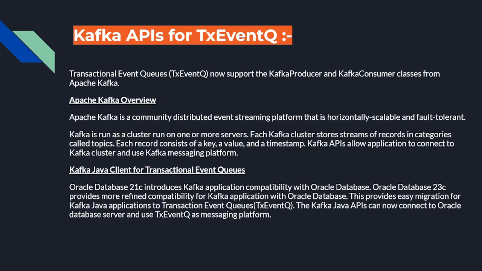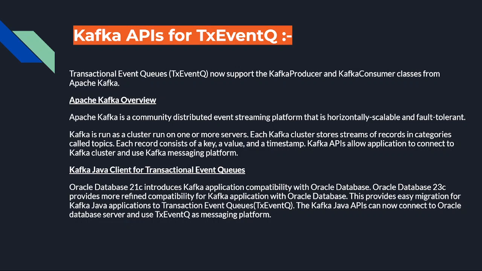Apache Kafka is a community distributed streaming platform that is horizontally scalable and fault tolerant. Kafka is run as a cluster on one or more servers. Each Kafka cluster stores streams of records in categories called topics.